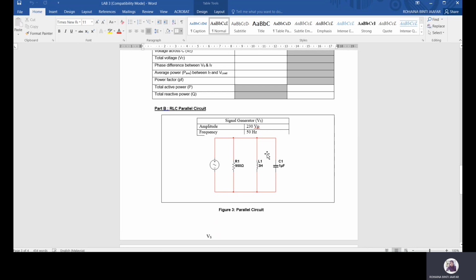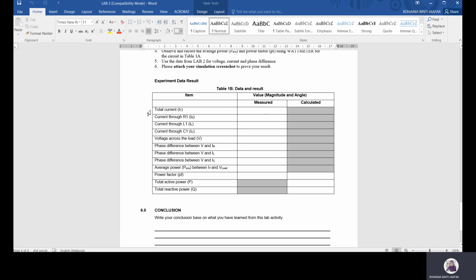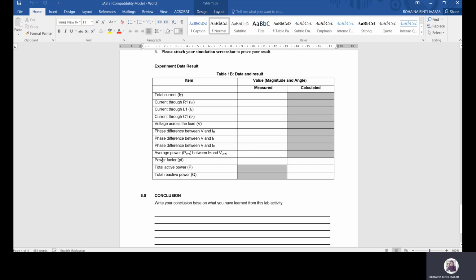Part B is the RLC parallel circuit, same as lab 2. From the total current until the phase difference between V and IC, you just collect back your data from lab 2, and then from average power until total reactive power, use the new data from lab 3.